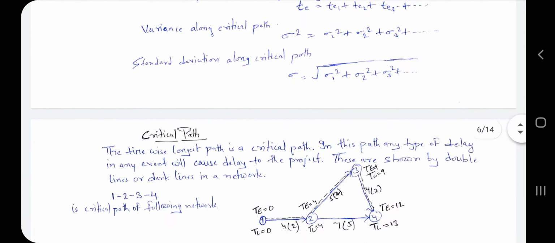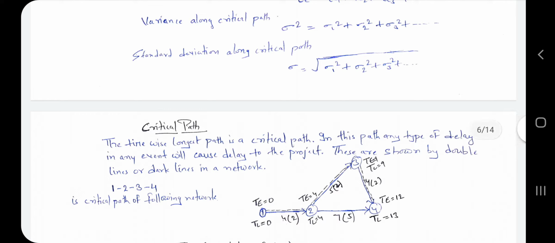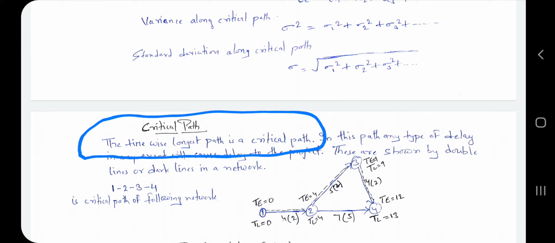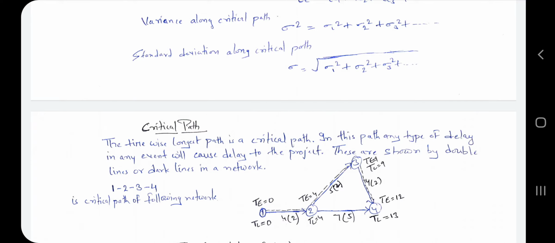Now the critical path. The time-wise longest path is the critical path. You remember this sentence because it also came in competitive examinations. Critical path is the time-wise longest path. In this path, any delay in an event will cause delay to the project. It means if there is any delay in this path, then there is a delay in the project also.